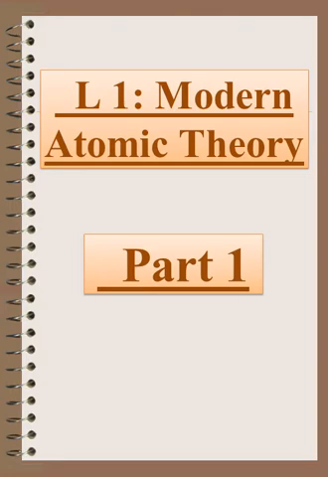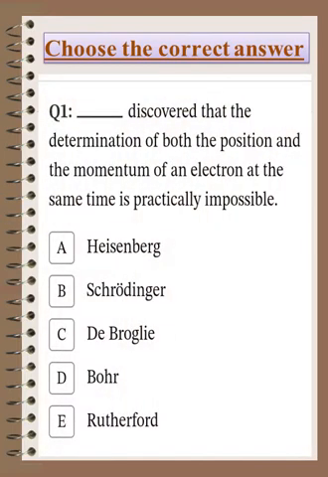Dear students of secondary, we are going to solve problems of Egyptian Knowledge Bank. We will start with the first part. Question 1. Choose the correct answer. Who discovered that determination of both position and momentum of an electron at the same time is practically impossible?